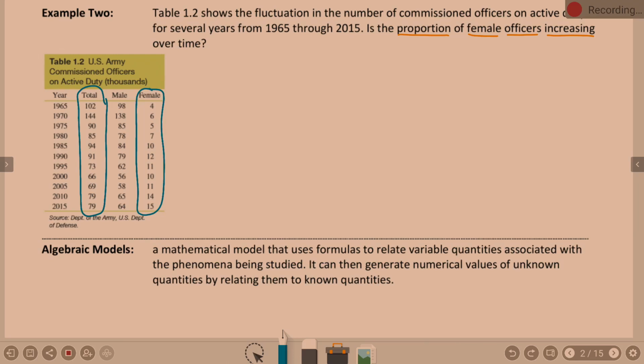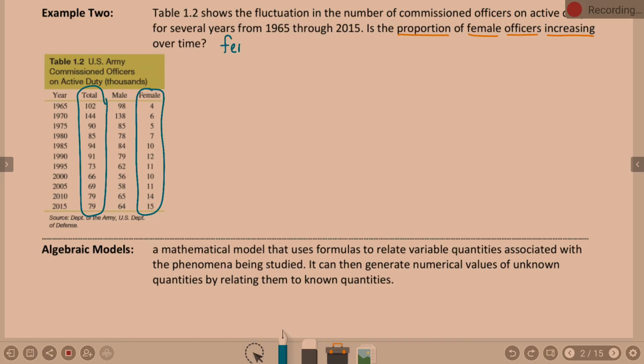Now, how do we find those proportions if we want to compare the values? Do we do something with adding? No, divide them. Divide what? Females over total. Now, this is where we're going to learn a new trick on the calculator.